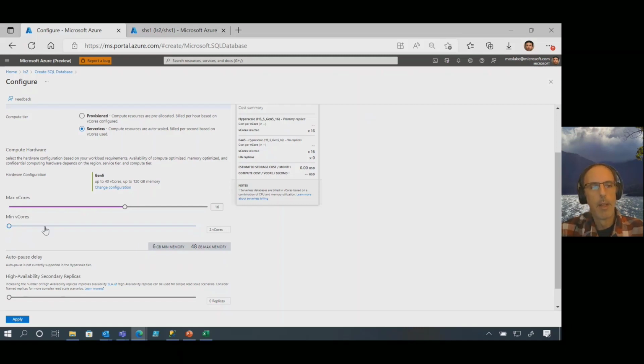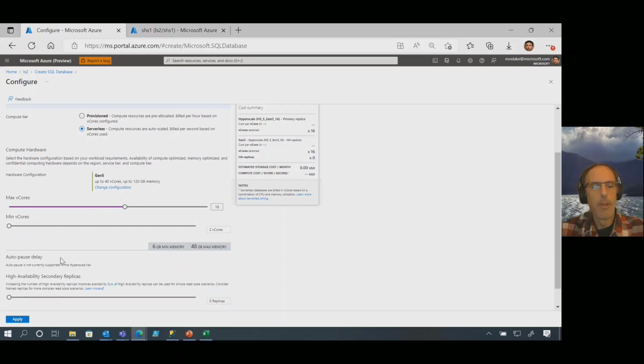So you can think of the max vCore setting as providing a way for customers to cap their maximum compute bill. And you can think of the min vCore choice as providing essentially a lower bound in terms of the kind of performance that this database will experience.